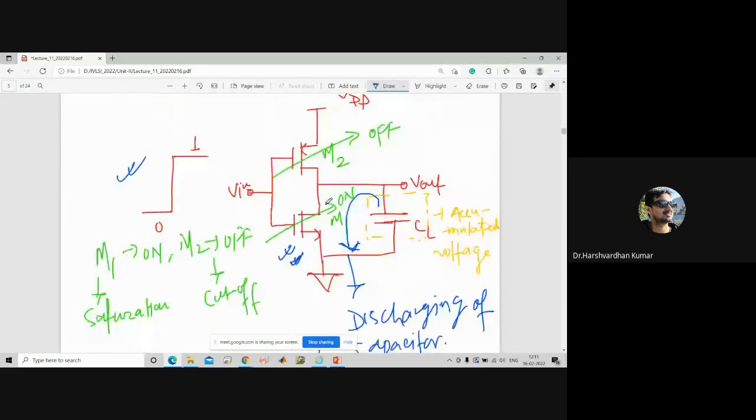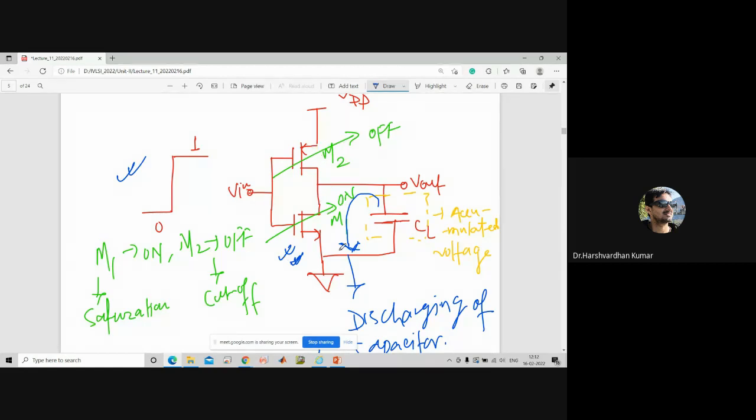Let us say you have supplied the 0. If the input signal is 0, then you will get output. But what will happen to the M1 and M2 transistor? For 0 input, M2 will be on and M1 will be turned off. So there is no direct path from VDD to the ground, right?